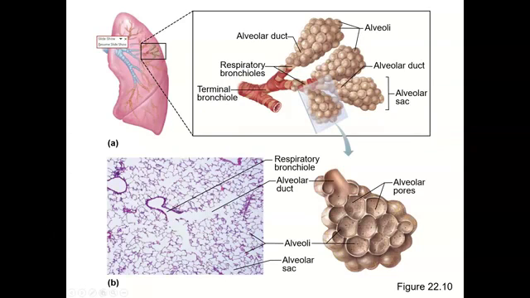Moving further down, we look at the smaller structures. You can see the little bronchioles branching out, and they have these little grape-like structures hanging off their ends. They are called the alveoli, which basically means air-filled sacs.